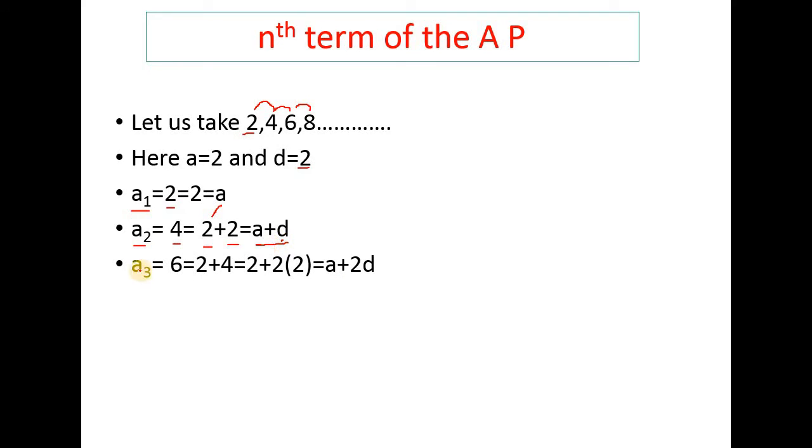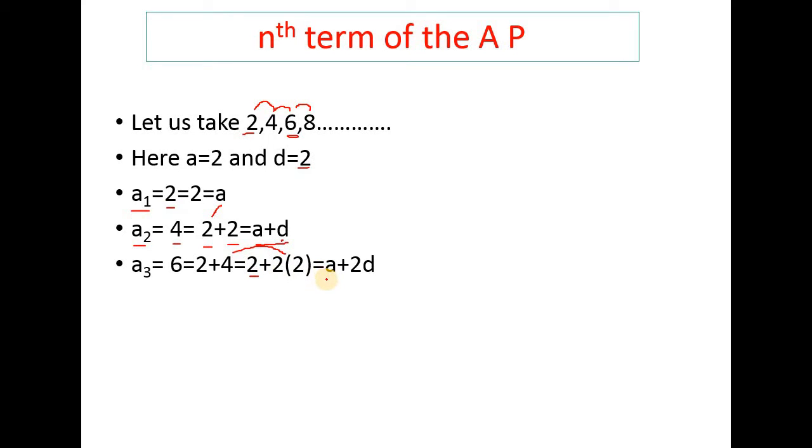Now let us take the third term. The third term A3 is equal to 6. This 6 can be written as 2 plus 4, and 2 plus 4 can be written as 2 plus 2 into 2.